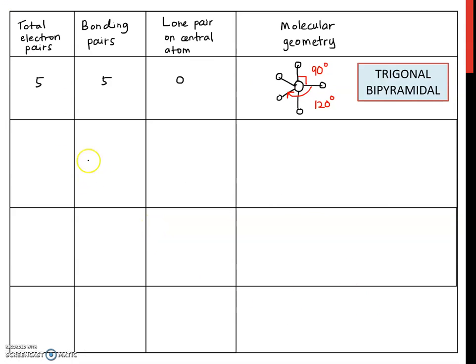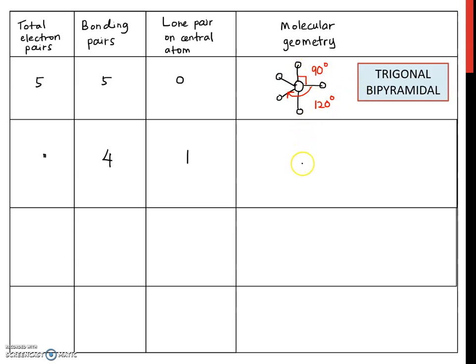Next, under 5 electron pairs, so if 4 bonding pairs and 1 lone pair on central atom. Okay, so kalau kita tengok kalau semuanya 5 atom bonded to central, or 5 bonding pairs, so structure molecular geometry adalah trigonal bipyramidal.